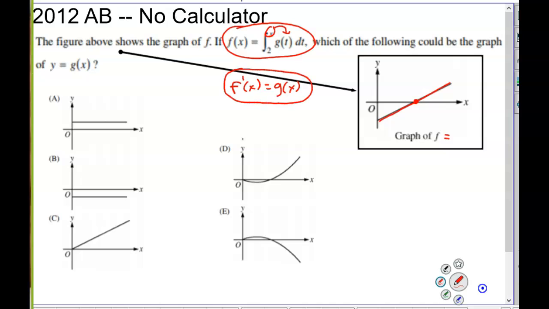Well, f is the area under the curve. If this is a negative area and a positive area, right? That means my outputs from 2 to x have to go from negative to positive.